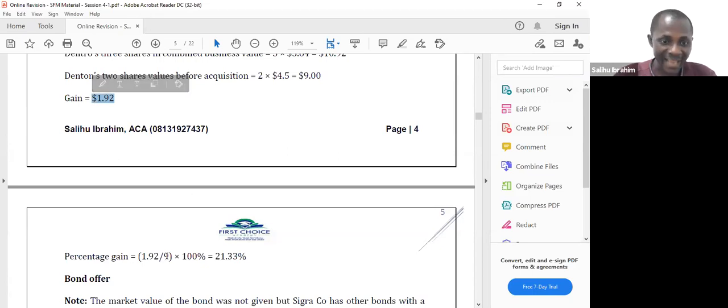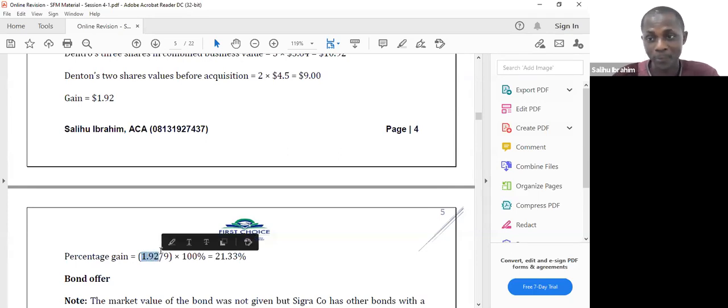So the total value we gave up to get this gain of 1.92 is 9. So the percentage gain is going to be over 9, not over 4.5. I believe that is clear. So we have 1.92 over 9 times 100%. So the gain is 21.33%.